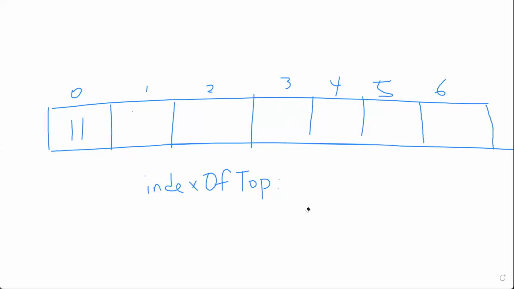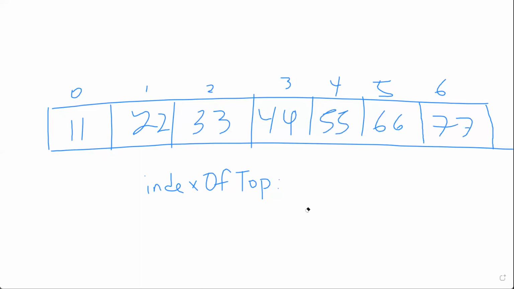So we put, let's say, 11, 22, 33, 44, 55, 66, 77. Okay, so we put in some elements into the stack, and now the user wants to add another element. So let's suppose that the user created a stack with a capacity of 7.